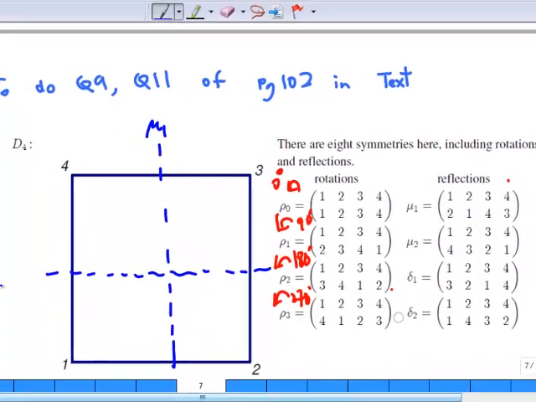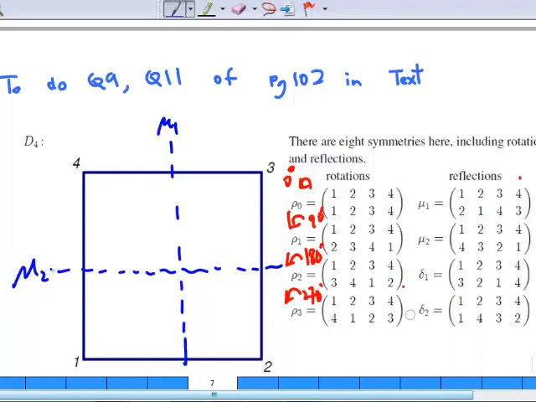Then delta 1 is a reflection in a diagonal, where 2 and 4 are fixed. And this one is delta 2, where 1 and 3 are fixed. So these are the 4 rotations and 4 reflections from last time.